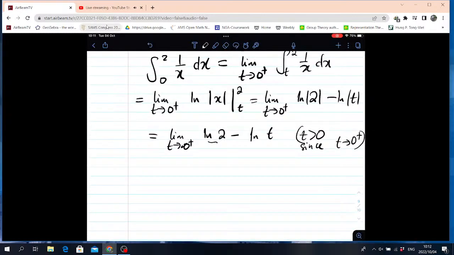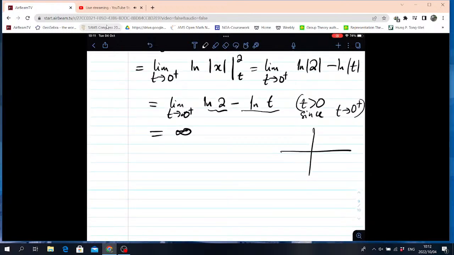So this is just a constant, but if you think of the natural log of t, if you're approaching 0, then it goes to minus infinity, and so therefore we get infinity. If you just want to see what's happening, if you draw the graph of the natural log of t, you'd see that it looks something like that.